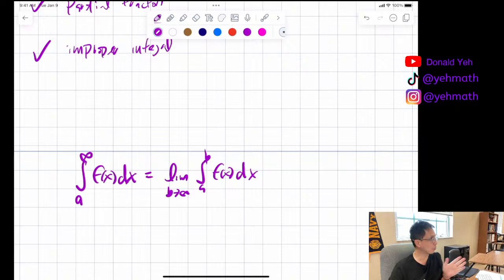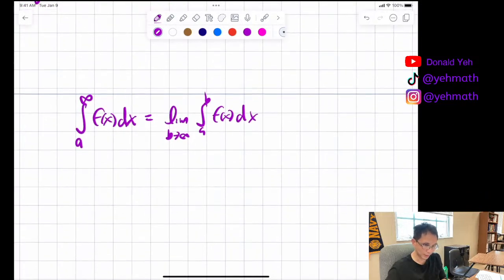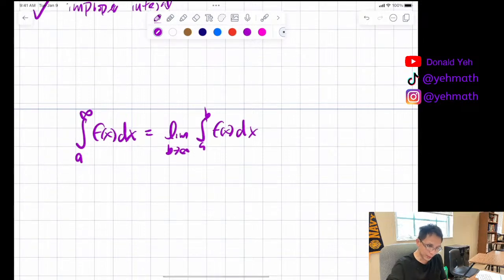Just like the AP exam, they want you to write it this way, just like L'Hopital's rule. Of course, you can plug in infinity in there and evaluate it, but very importantly, you have to understand that there was a limit like that. So this is the definition of improper integral.